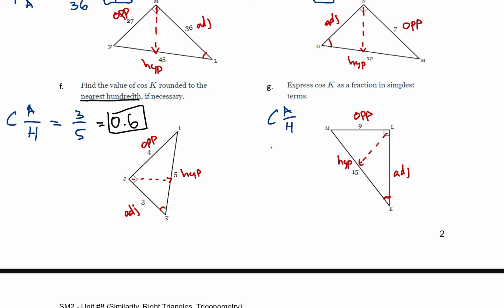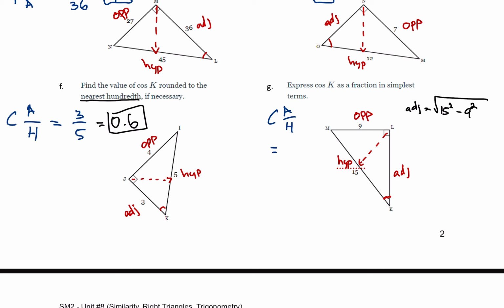which means the ratio I need here is my adjacent over my hypotenuse, but I'm not given my adjacent. So I need to use the Pythagorean theorem to find my missing side, the way we practiced it at the beginning. I know my hypotenuse is 15, so I can do that quickly by saying my adjacent side is going to be equal to the square root of 15 squared minus 9 squared. That comes straight from the Pythagorean theorem.